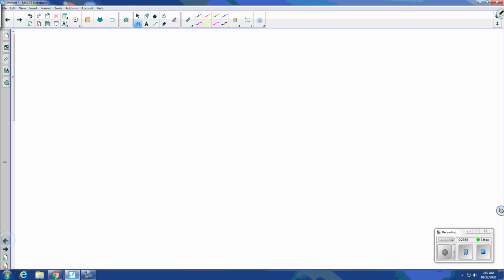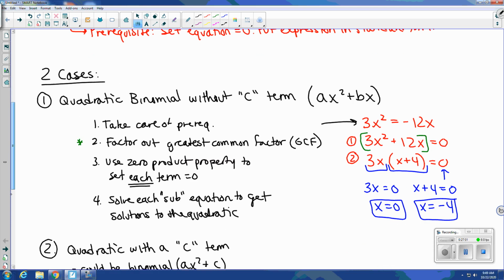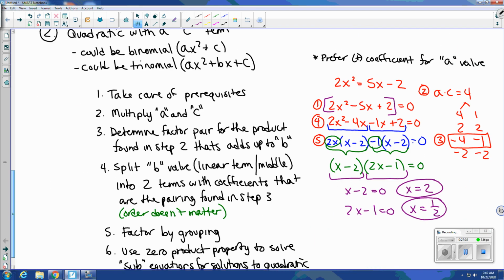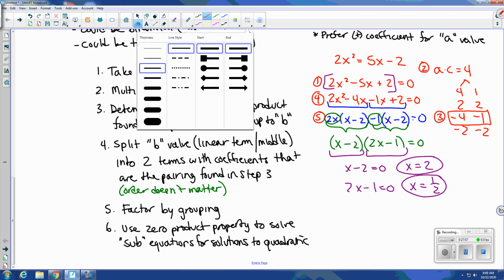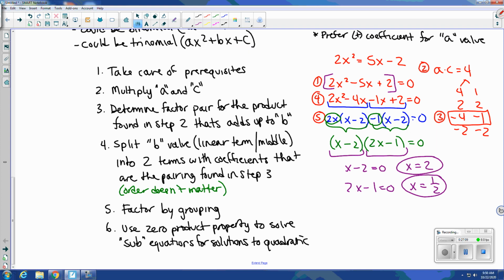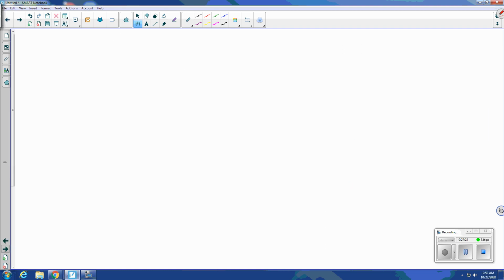Before we do the next example, let's add that back into the grouping. When you do factor by grouping, make sure you have the same thing in the parentheses. So make sure those parentheses match when you do that, step 5.